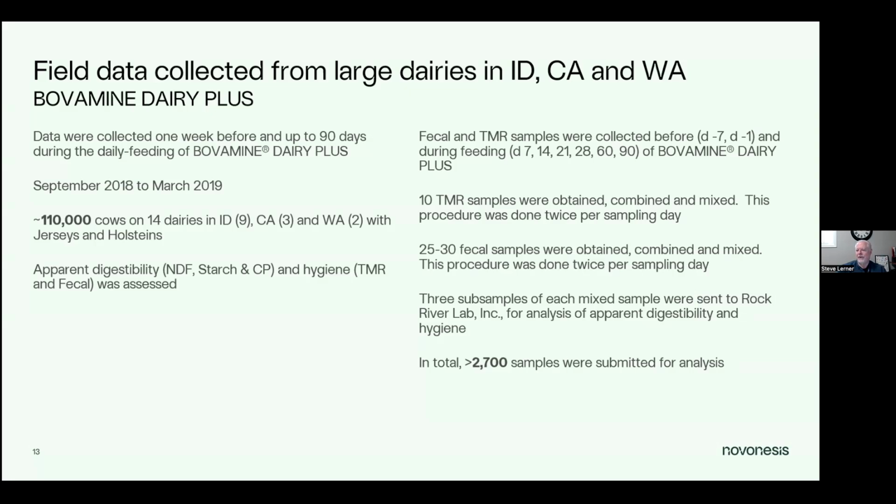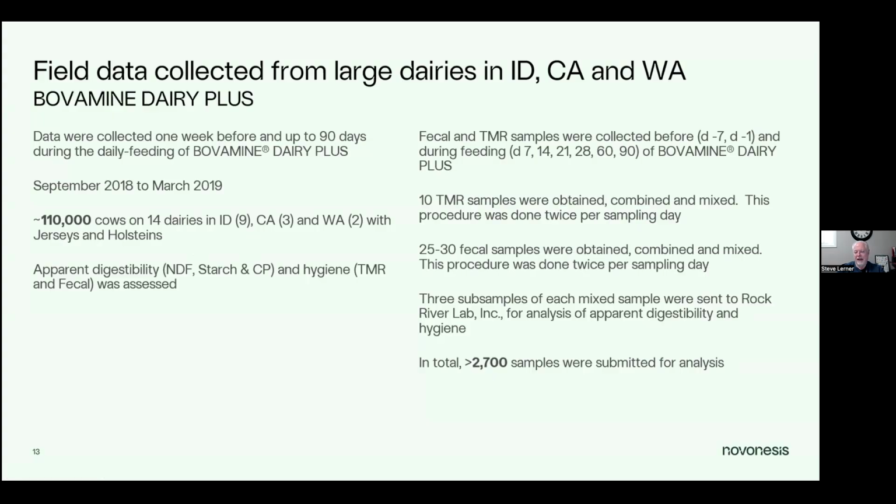Switching now to trials done with Bovamine Dairy Plus. We introduced this product in 2019. We were very eager to begin looking before release of this product at potential efficacy. We approached 14 different dairies in Idaho, California, and Washington.